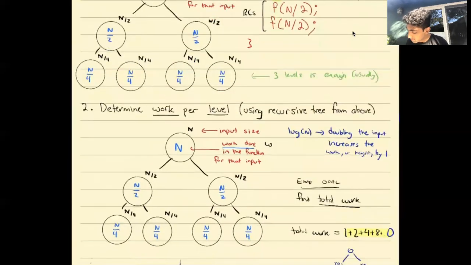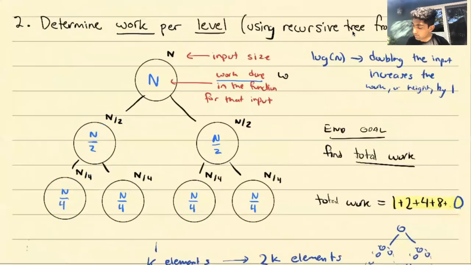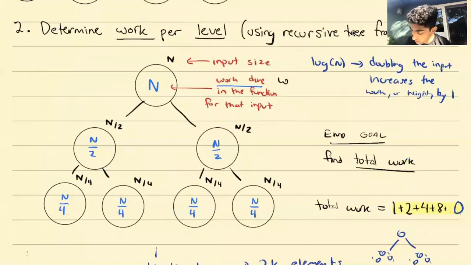So we're trying to figure out the work per level, so let's create another column here. The top level of this tree is doing n work. The second level of this tree is going to be doing n over 2 plus n over 2 work. So it's also going to be doing n work.